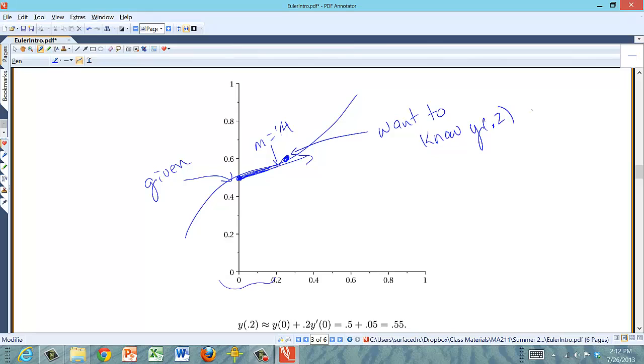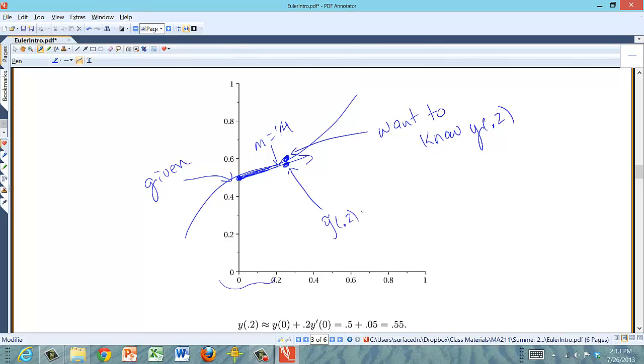I have no way of knowing that, but I know that this curve, my solution, near time 0 is pretty close to this tangent line that I drew. And I can find out the value of this tangent line at time point 2. That's no problem, right? My tangent line goes through the point (0, 0.5). So the value here at time point 2, I'll call this y tilde. That's my approximation to y at time point 2.